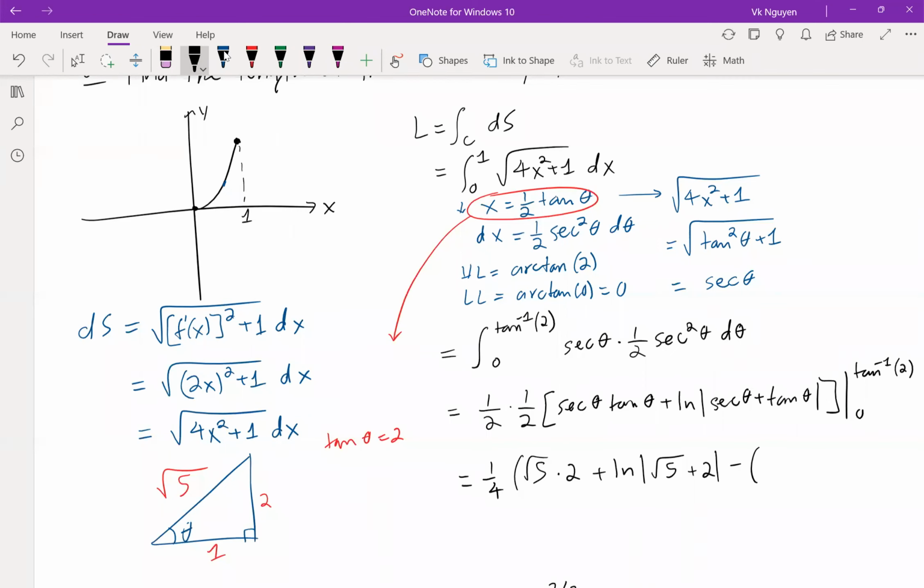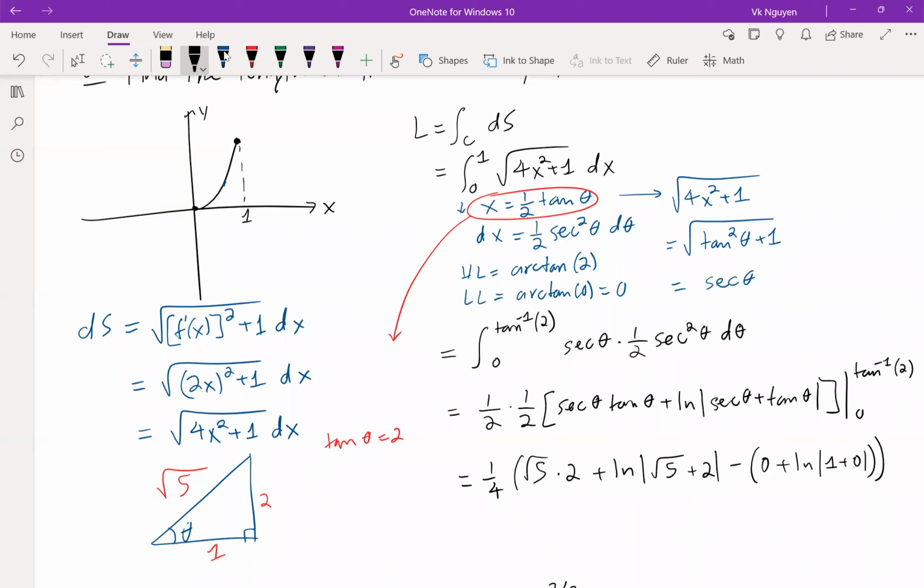Okay. Now we sub in 0. Well, tangent of 0 is 0. Secant of 0 is 1. So it's going to be a plus ln absolute value of 1 plus tangent of 0, which is 0.